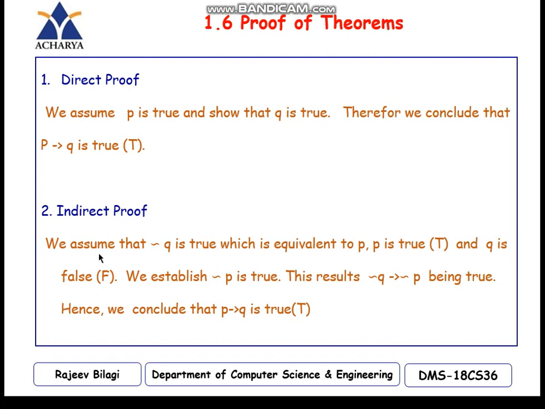We will take negation of Q is true, that is, Q is false. What is the meaning of negation of Q? You take any value P, the negation of that is Q is false, and we establish that negation of P is also true. So with negation of P being true, we conclude that P then Q is also true.